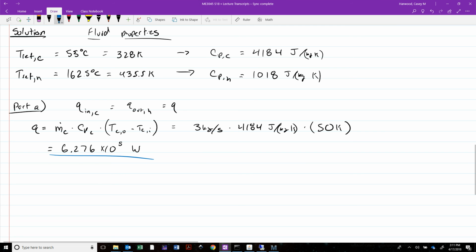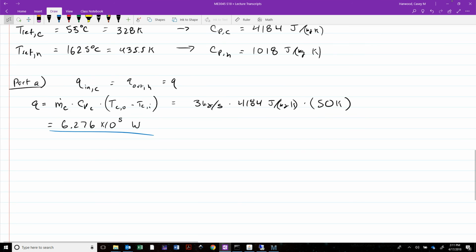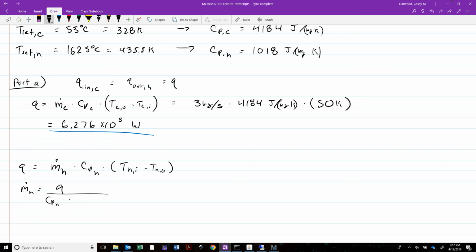So here's Q. We know that Q is also equal to m dot hot fluid times Cp of the hot fluid times the temperature drop experienced by the hot fluid as it goes from the inlet to outlet, from which we can then find that m dot h is equal to Q divided by Cph times Thi minus Tho.